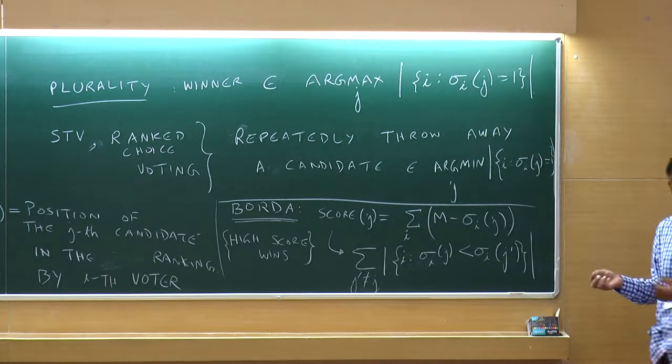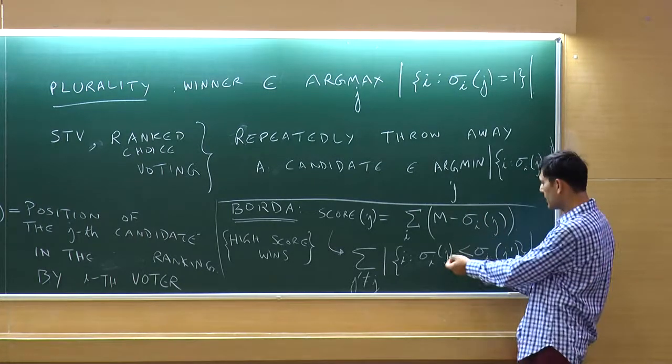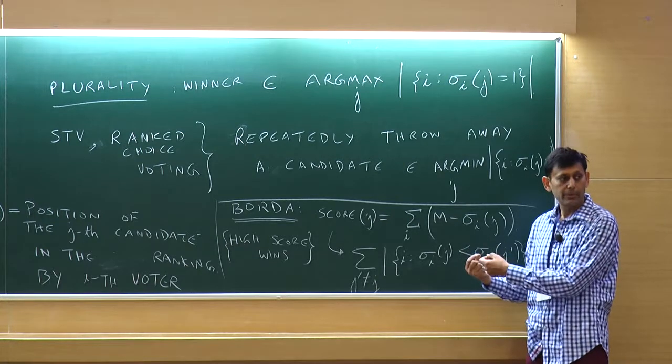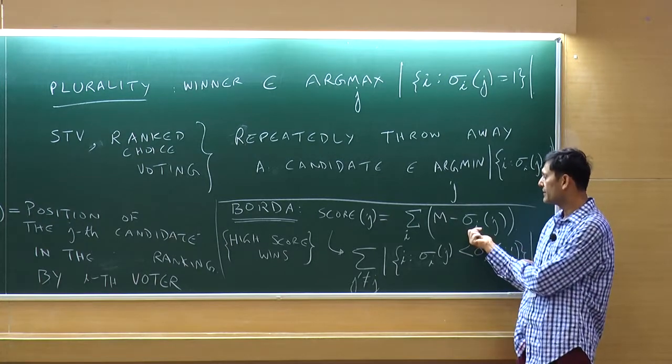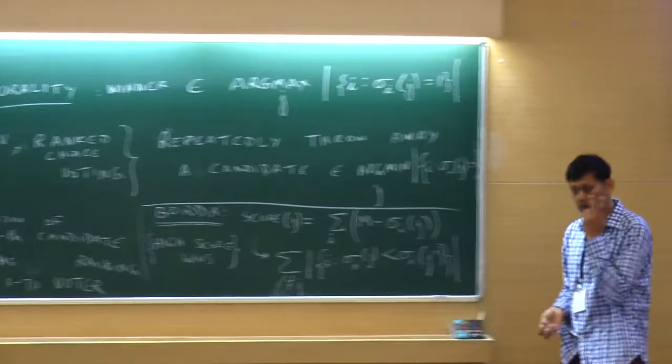Does that make sense? Because it's m minus sigma ij, this is exactly the number of candidates that j beats in ranking i, and I interchange the order of summation.